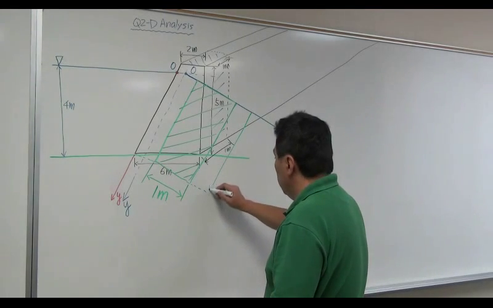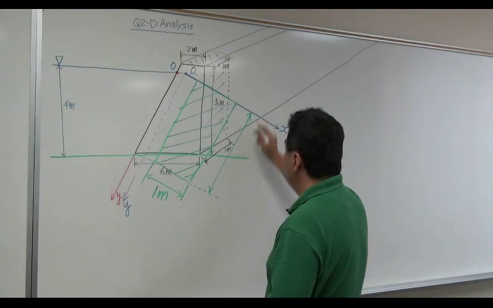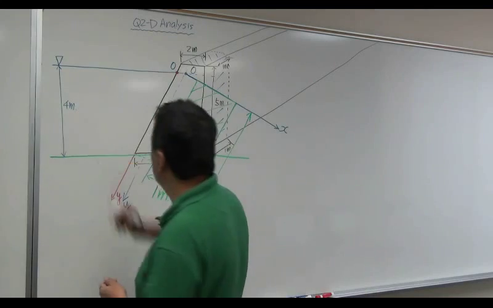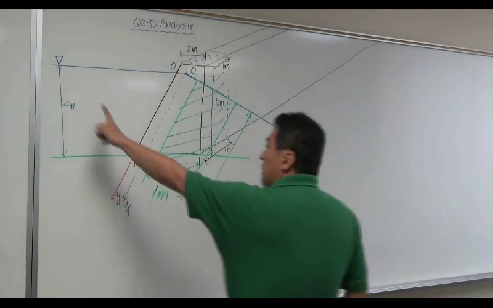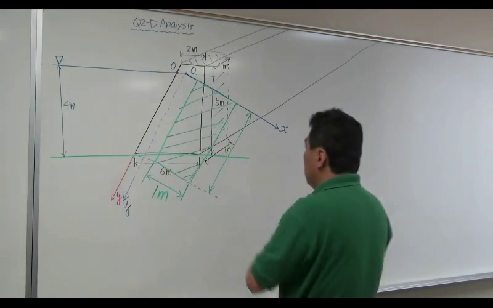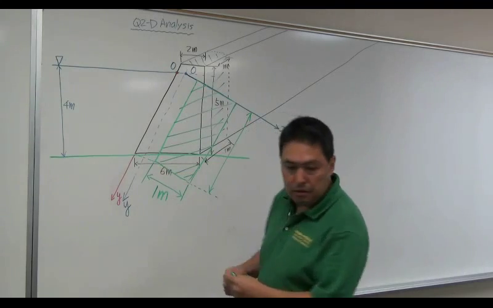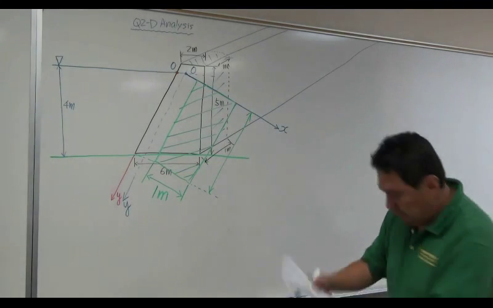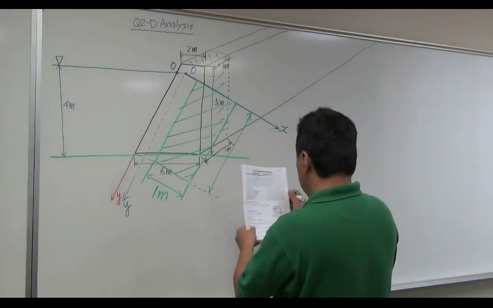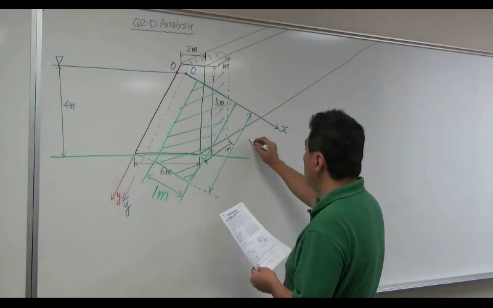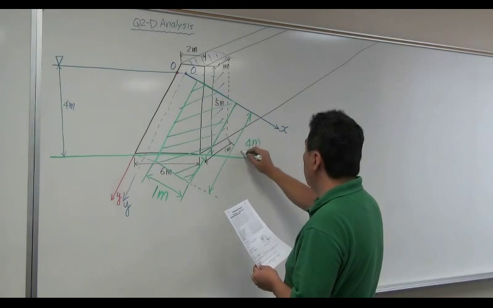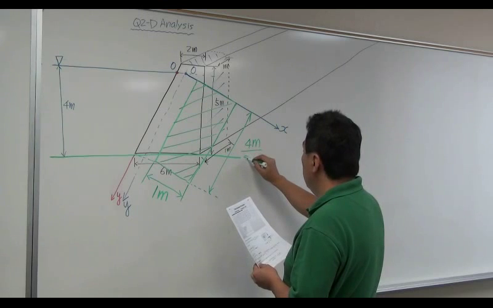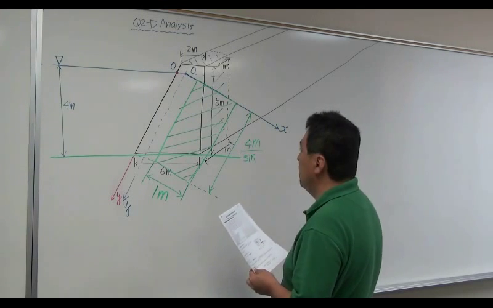And what is this, by the way? This is not equal to 4 meters. Remember, 4 meters is the vertical depth. This is not the vertical depth. This is the y direction distance. This one is 4 meters divided by sine theta.